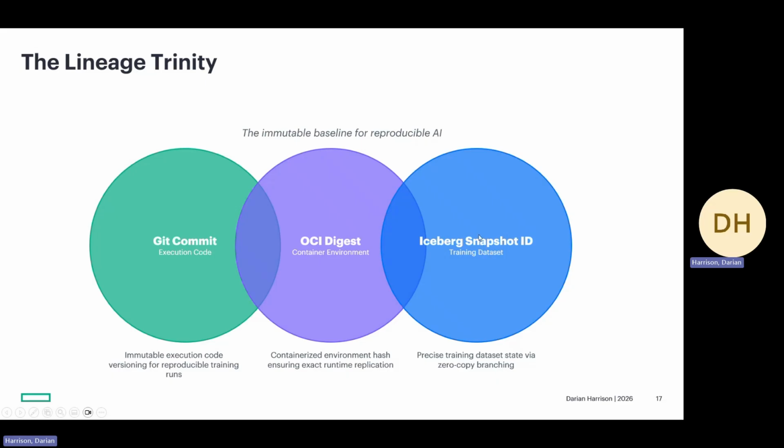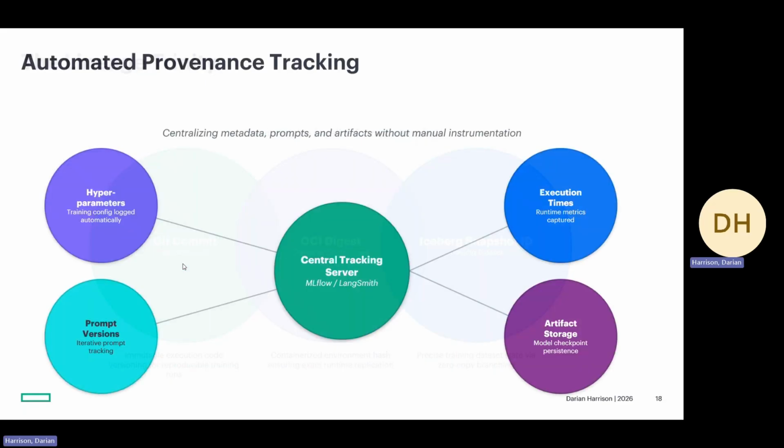What's the data you used? What's the container that you currently deployed, and what's the actual code for that? So some of the things that you'll be tracking whenever you're deploying a model, and just going through the whole MLOps lifecycle in general.